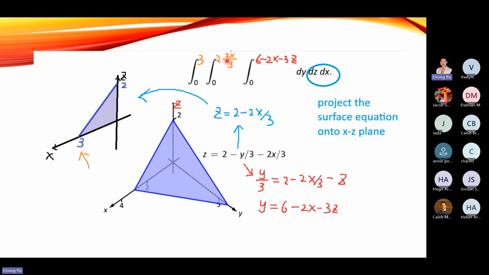If you want to switch it, for example, if you want to do dy, dx, dz, then you have to solve for x from the equation z equal to 2 minus x over 3. You're going to solve for x if you want to switch the integration order again.